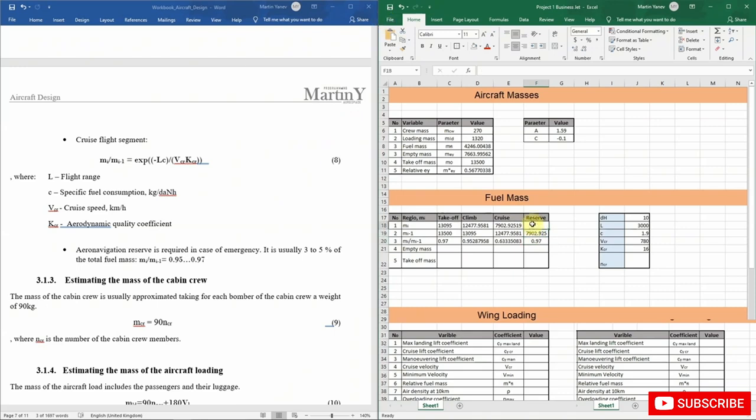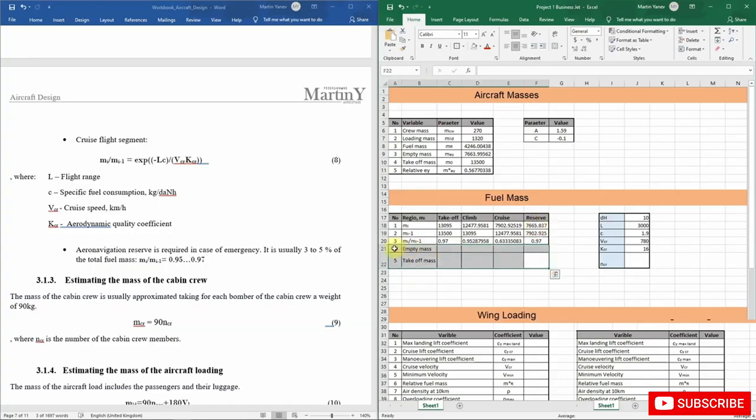And finally we will find the final mass of our aircraft to be 7,902 multiplied by 0.97, which is going to be equal to 7,665.